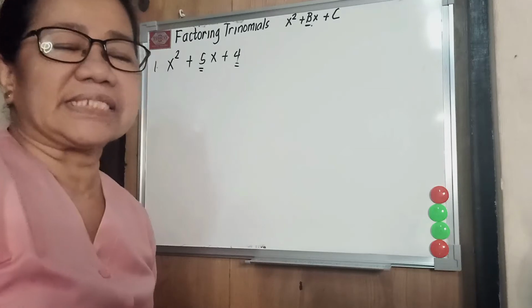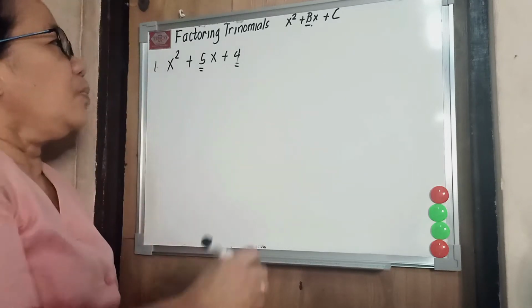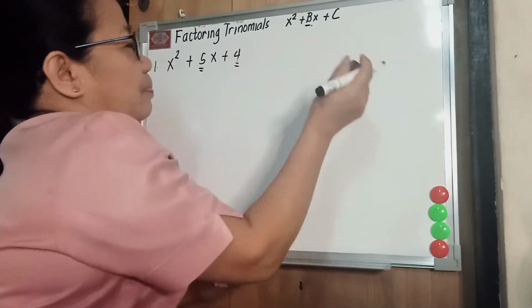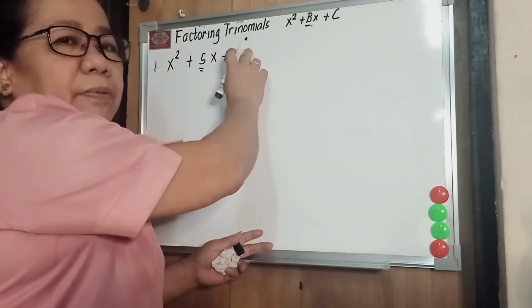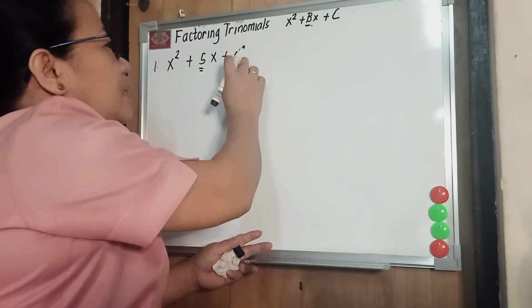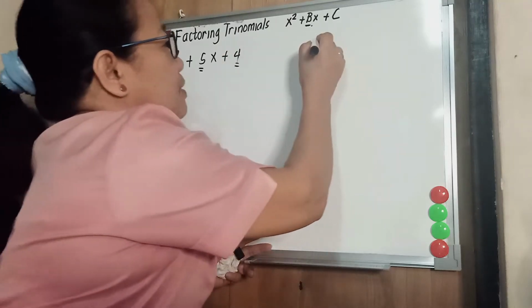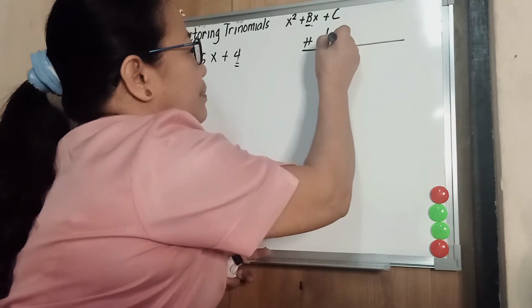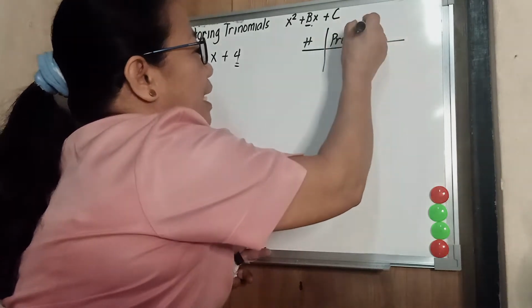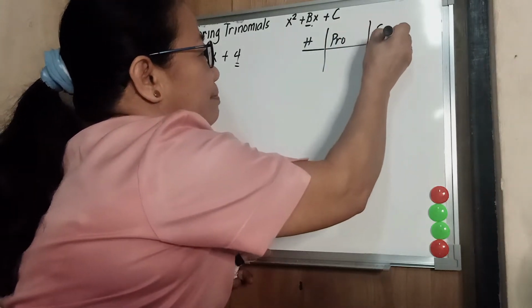To factor this kind of trinomial, we are going to write all the factors of the constant number, which is your c. Let us have the numbers, the product, and the sum.